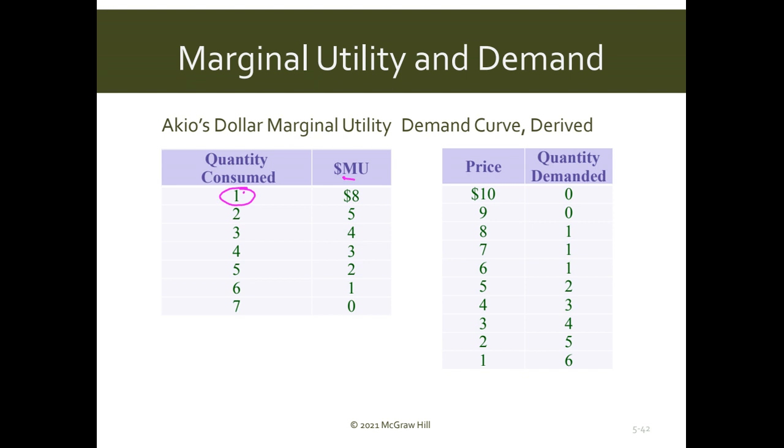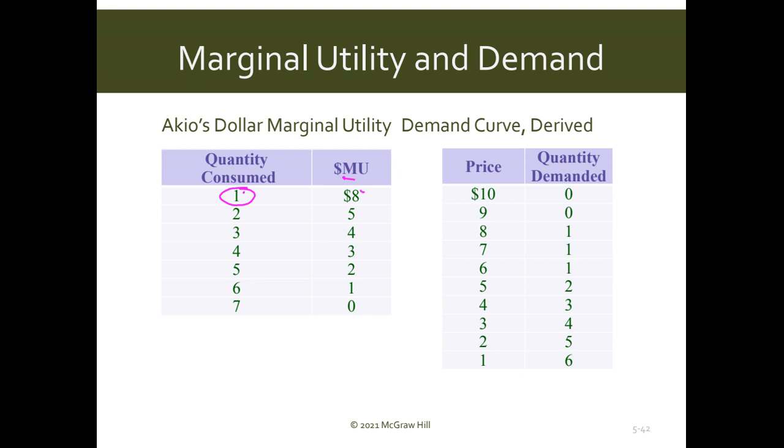Suppose I convert it into dollars. If I consume one apple, I will receive satisfaction worth $8. I'm not dividing marginal utility by price. This is my additional utility in terms of dollars.